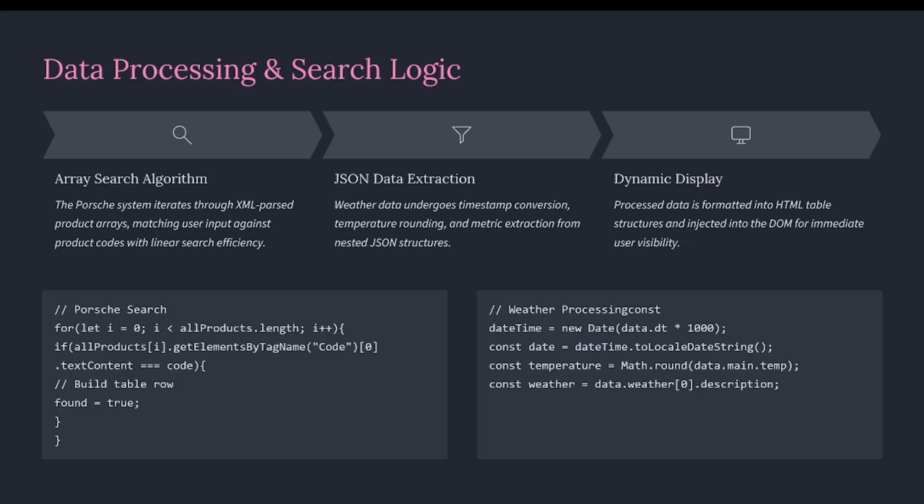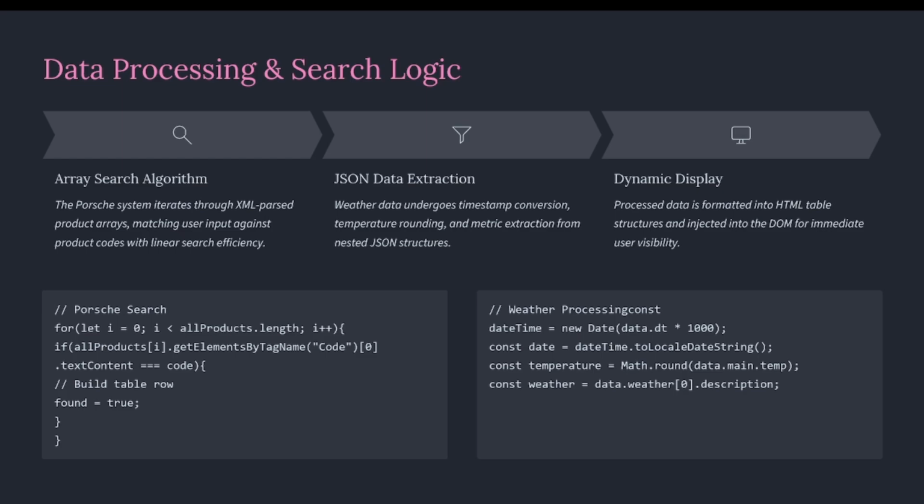So in my Porsche, I have a for loop. Basically, I'll print out everything from all products. This is the table that I put in. This will get all the stuff from the XML, say code, and so on. It'll be category and so on. And if found equals true, it'll just print the table whenever you search something in the search bar.